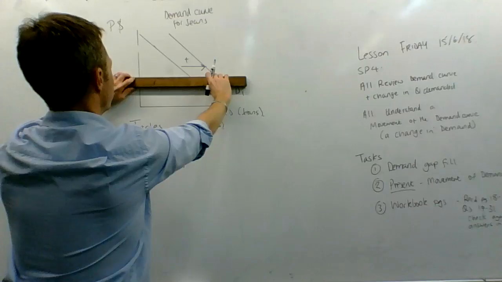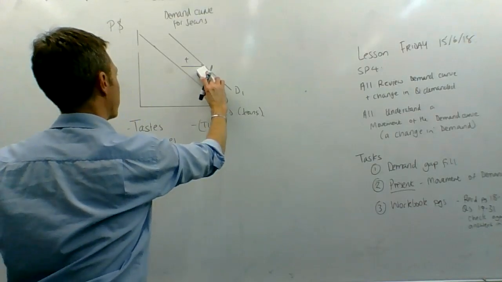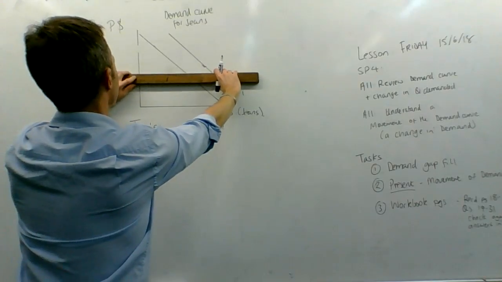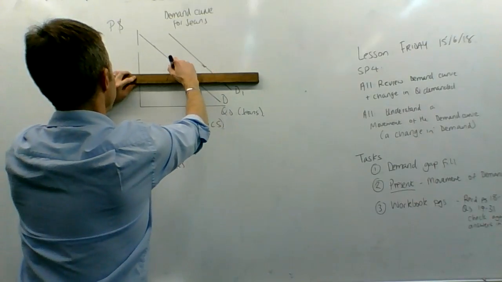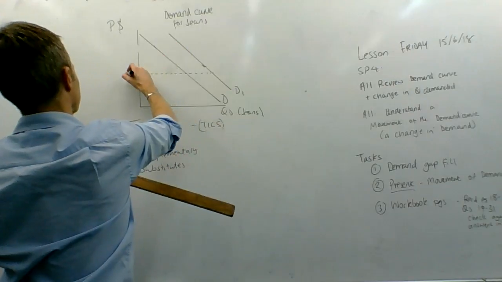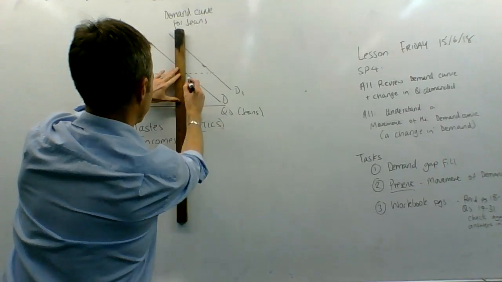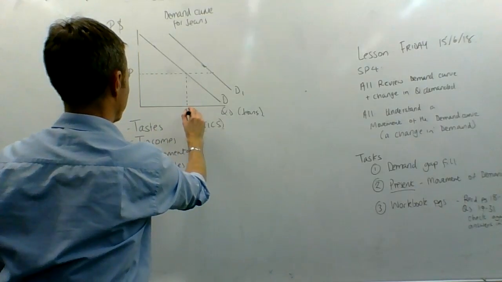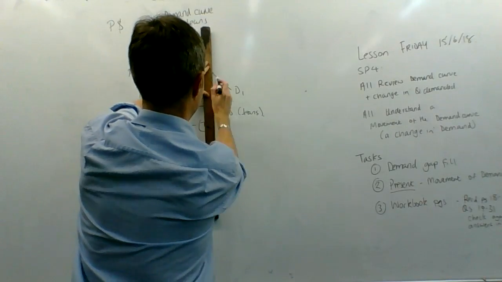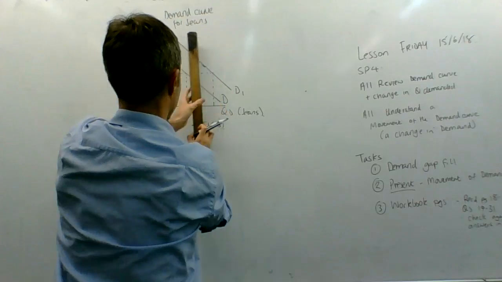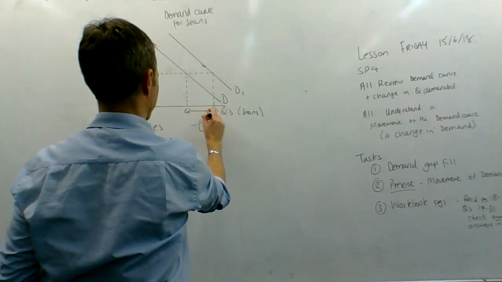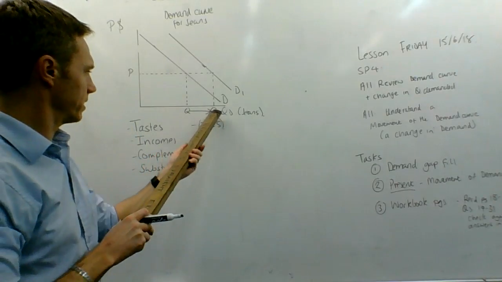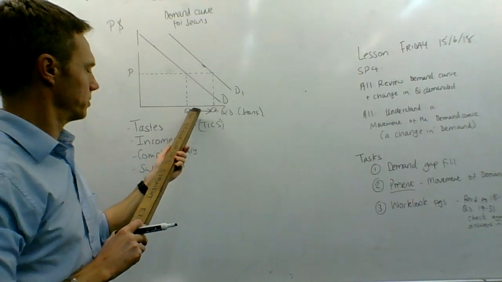What we can now see is that at one price, we'll call that P, the quantity demanded has increased from Q to Q1. So the price has stayed the same, but still we have an increase in quantity demanded from Q to Q1.